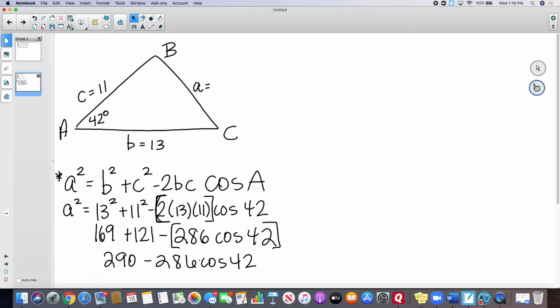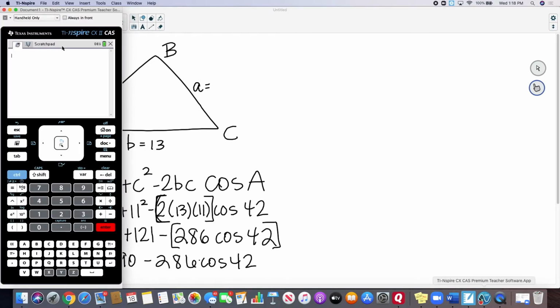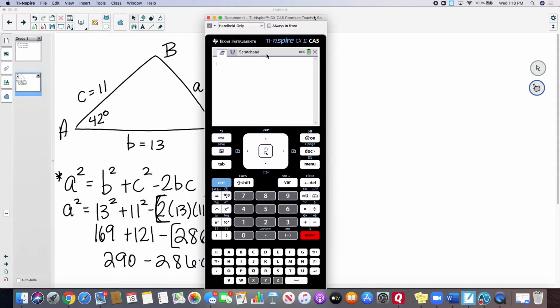So do not subtract 290 minus 286 and write 4 cosine 42. Do not do that, okay? Type in your calculator 290 minus 286 cosine 42. So let's pull this calculator up and we move it over to the other side so you can see everything.